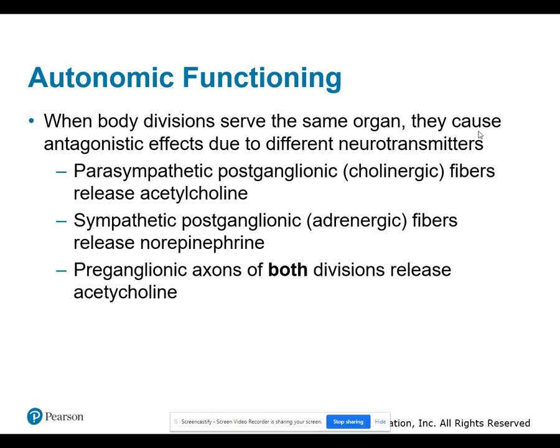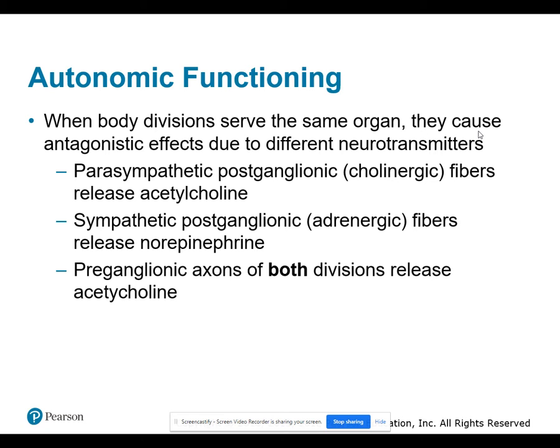Okay. Now, both of these systems serve the same organ, and when they serve the same organ, they cause antagonistic effects. Antagonistic means opposite. And the reason they have opposite effects is because of the different neurotransmitters that they use.